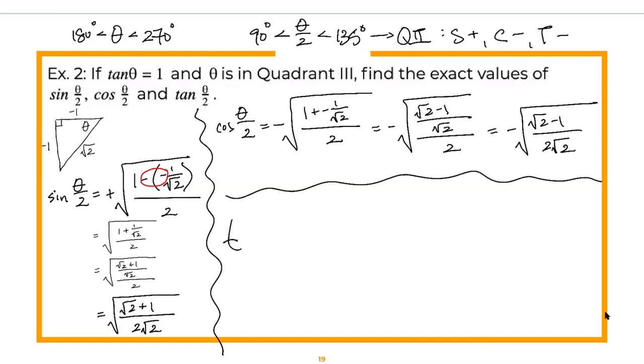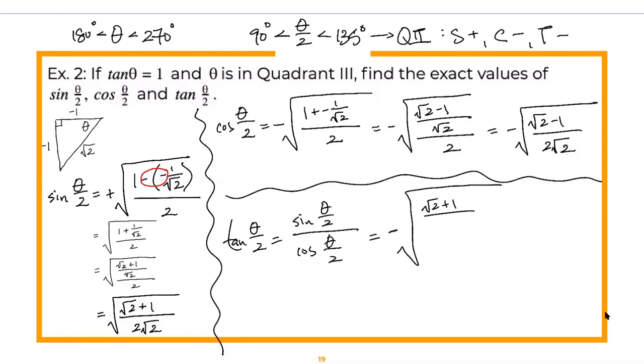And then last but not least, we find our tangent half angle. That's going to be our sine half angle divided by our cosine half angle. And so you can leave it, believe it or not, as this negative, a big square root, our sine over the cosine.